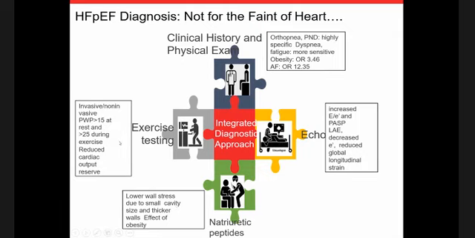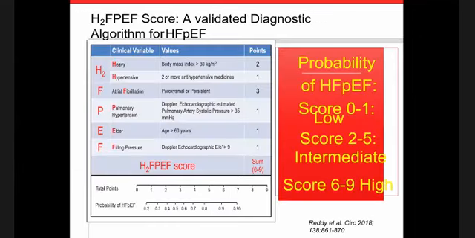And then, of course, exercise testing, like I said, is a very important part of it. If you exercise and you can see that the pulmonary wedge pressure or the end diastolic pressure is going up, or the pulmonary artery pressure is going up, then you know that the person has HFpEF. So there are different tables that tell us about HFpEF. This is a simple algorithm.